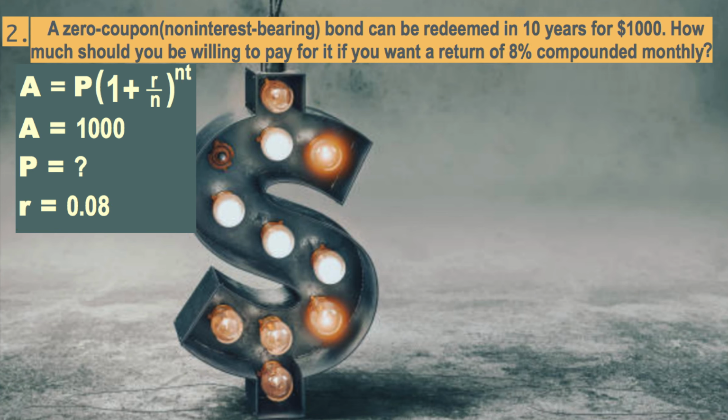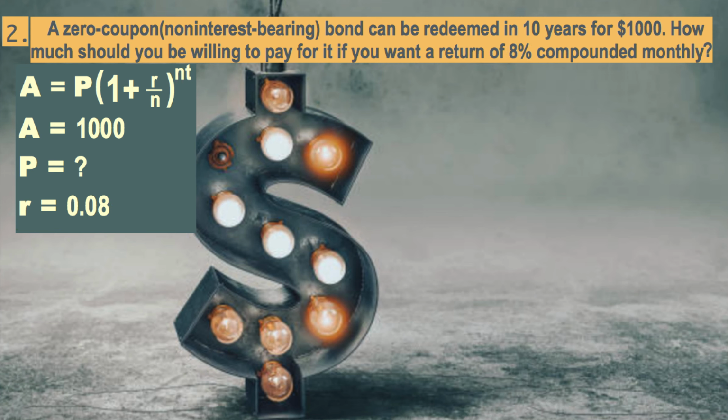Now, n is equal to 12 because we wish for our bond to give the return compounded monthly. There are 12 months in a year, 12 moments of compounding, so n is equal to 12. Finally, t is 10 years because this bond can be redeemed in 10 years.